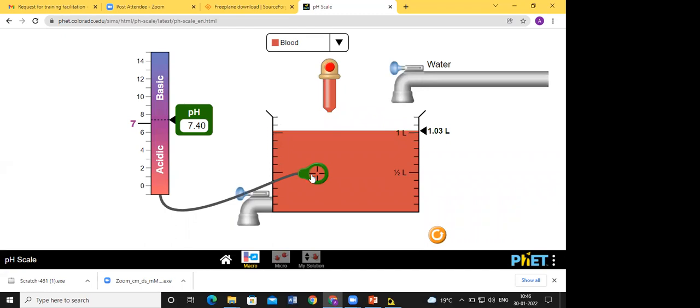The pH of blood is 7.4. Remember my words, you will never forget that the pH of blood is 7.4. It is like you have taken a blood sample in a test tube and you are inserting the pH paper in it.